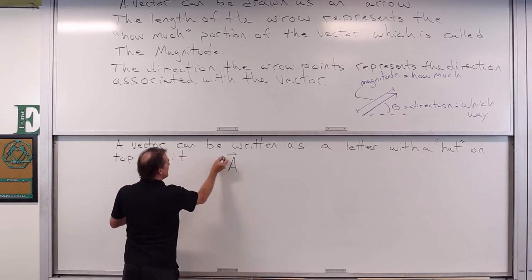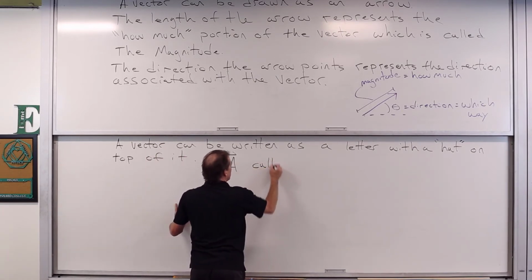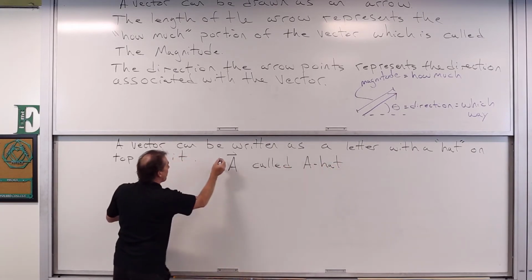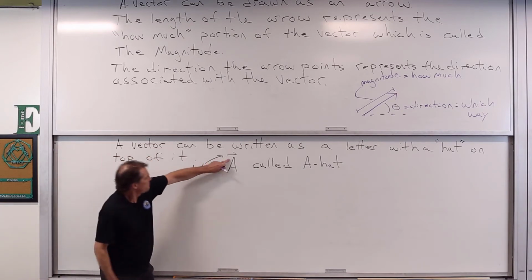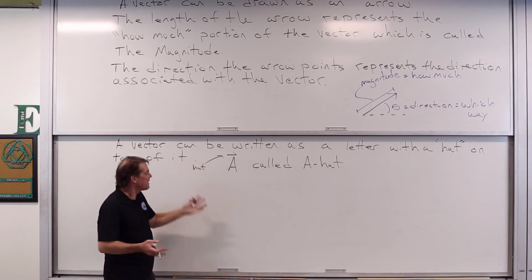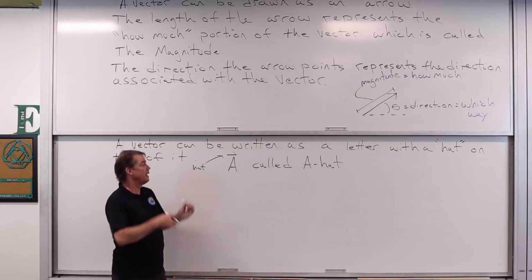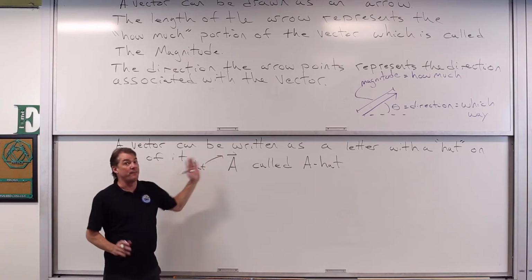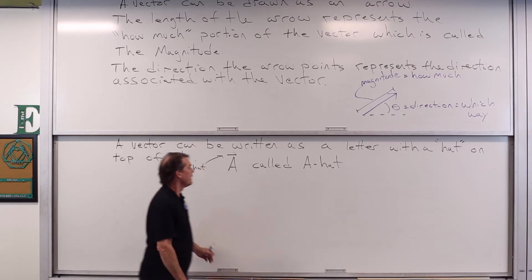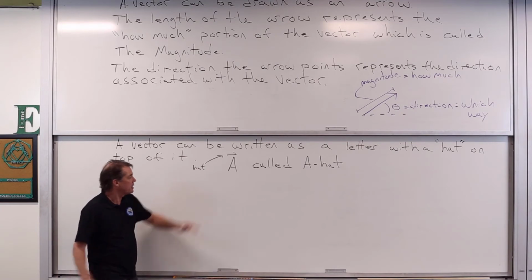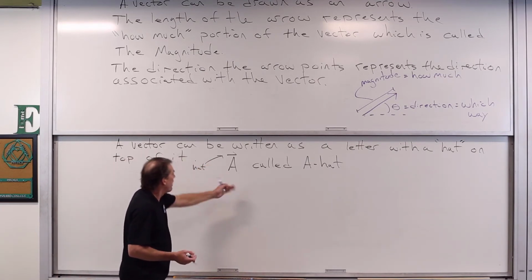A, and this is called A hat. This little part right here is the hat. It's supposed to be like an arrow to remind you that this is a vector quantity, that it has some sort of direction associated with it. If we just write the letter A, well, that's just some scalar quantity. A hat is a vector quantity, so we'll call it A hat, or B hat, or C hat, or D hat, or E hat, or F hat. Depends what we're trying to reference here. This is just arbitrary, but we'll have some letter with a little hat on top of it.